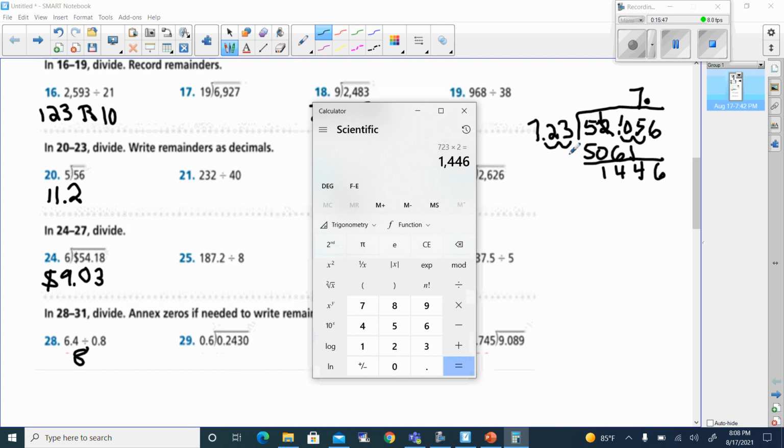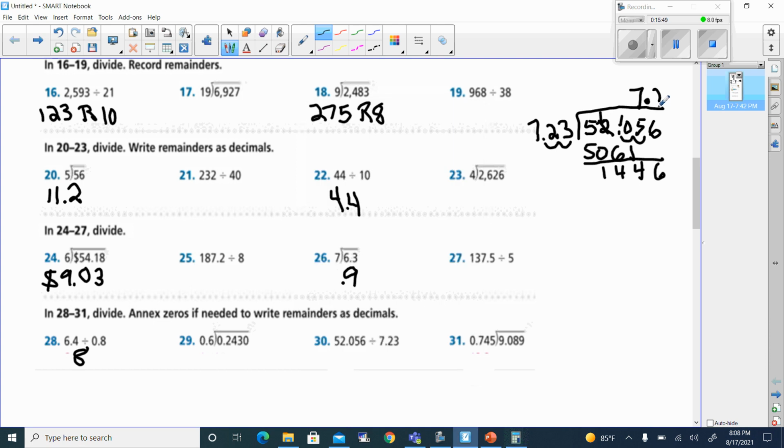So we're going to say this is multiplied to 2, and it gives us 1,446. Now, some of you may not want to use the calculator. You may want to go multiply each time to get your answer, and that's fine if you want. So it's great practice. 7.2 will be our answer, though. For the purpose of this lesson, what we're trying to get you to remember is where to place that decimal.